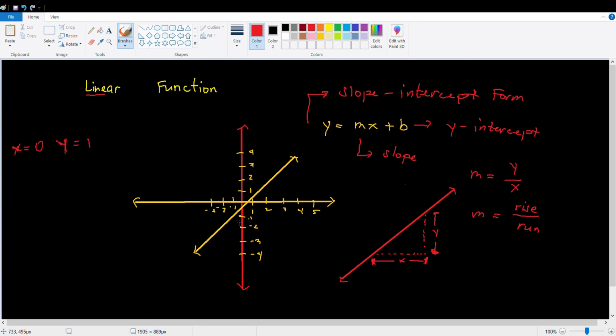That means this line is crossing the y-axis, and if the intersection has the coordinate, let's say, (0, -1), that means our y-intercept is -1.